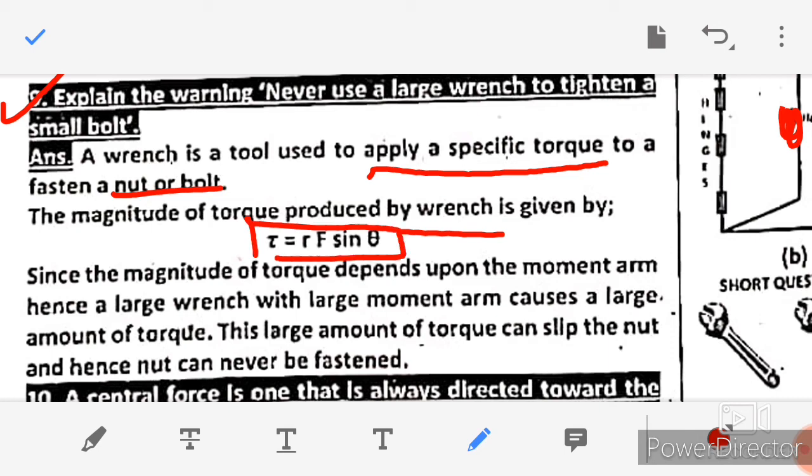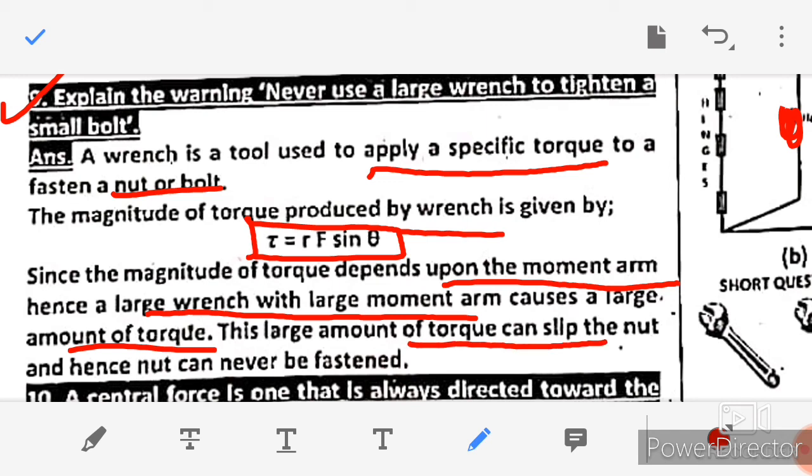Since the magnitude of the torque depends on the moment arm, a large wrench has a large moment arm and causes a large amount of torque. This large amount of torque can slip the nut.